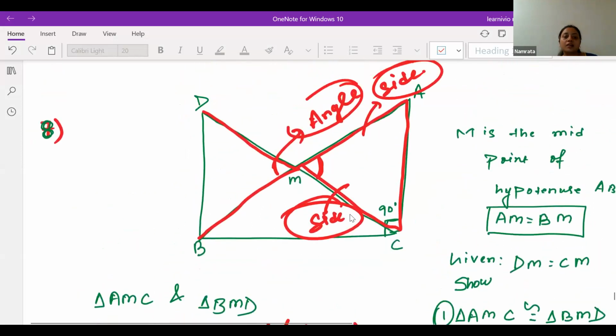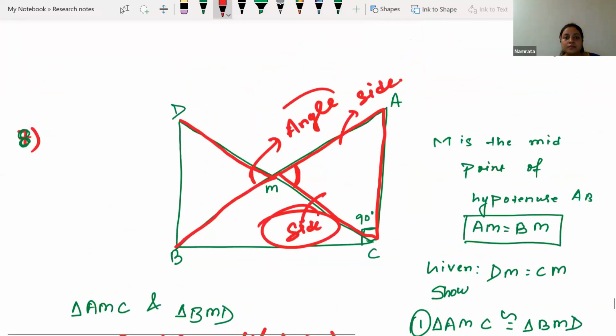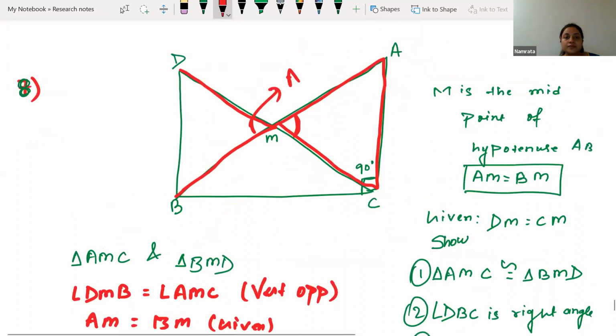DBC is a right angle. We have to show that DBC is a right angle. This one we have to show that it's a right angle.